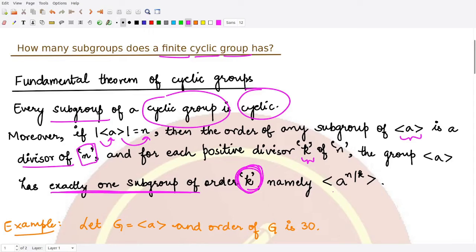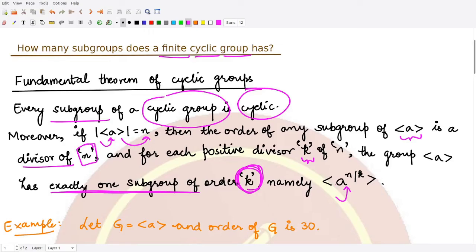It is obtained by taking the element A raised to the power of the order of the group itself divided by its divisor, and when we use this to generate the group, that group is the given subgroup of the group, correct?